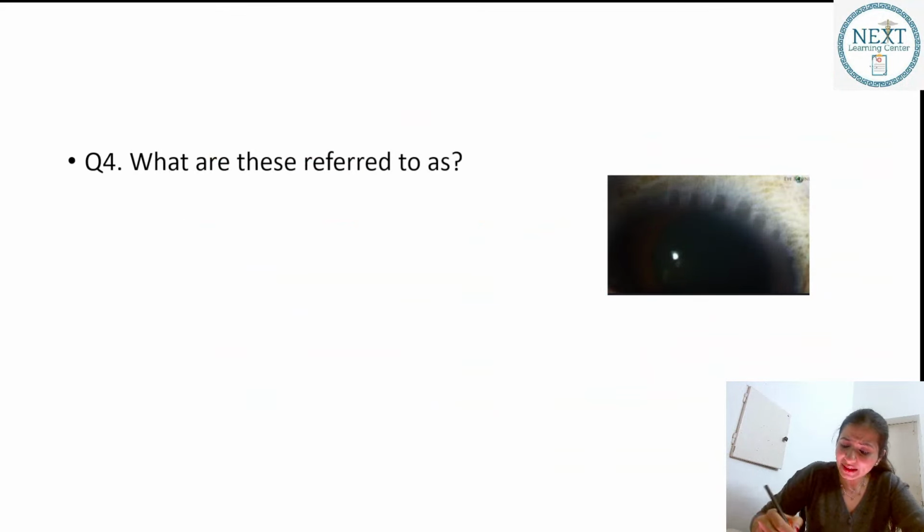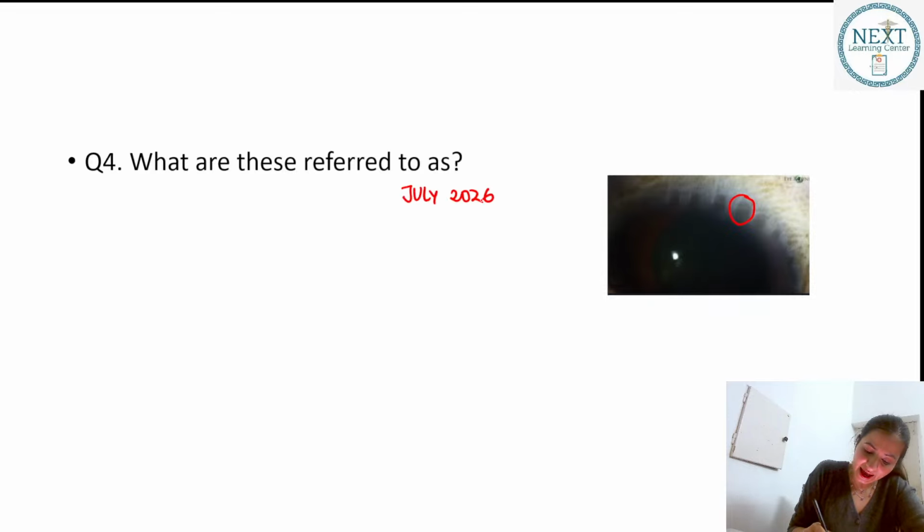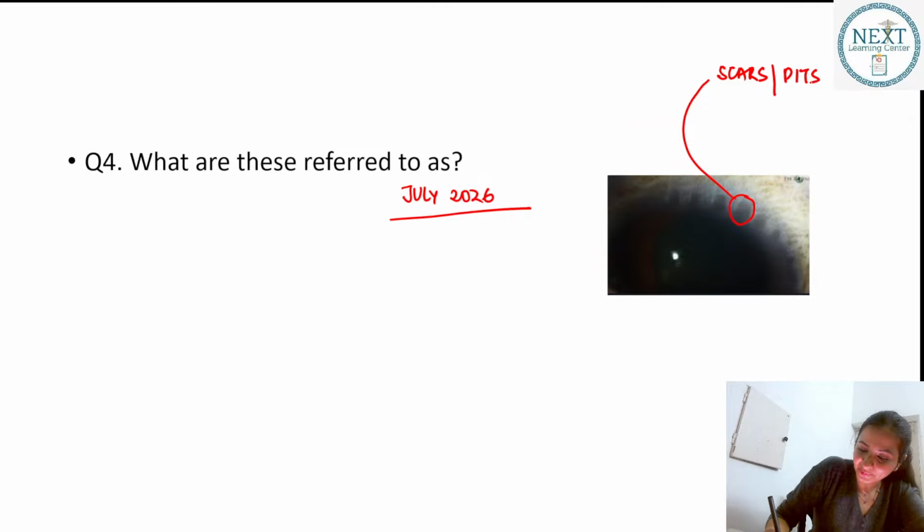Then what are these referred to as? This question has also been asked in the July 2026 exam. I have told you these are nothing but the scars or the pits or the depressions that you see at the limbus. What are these called?